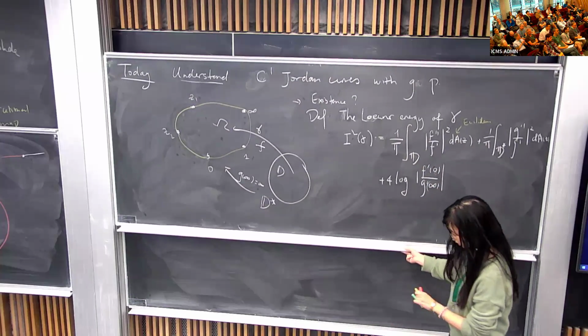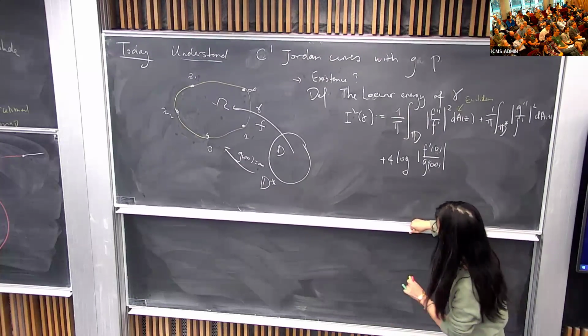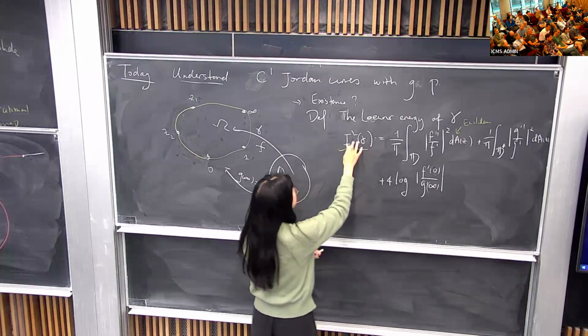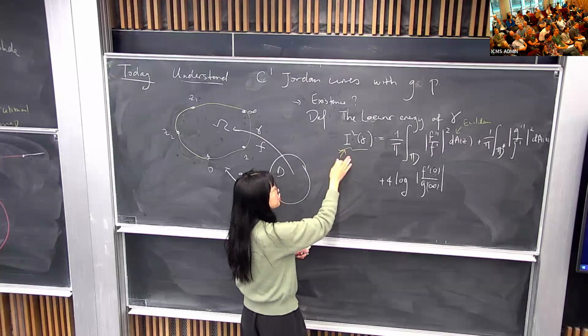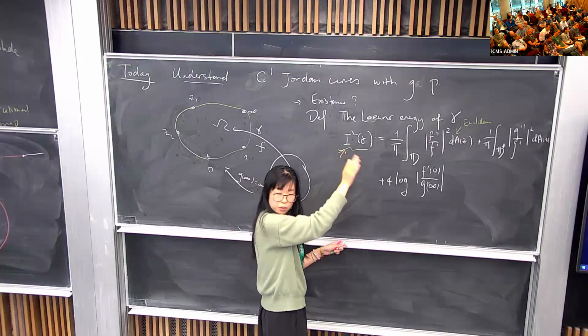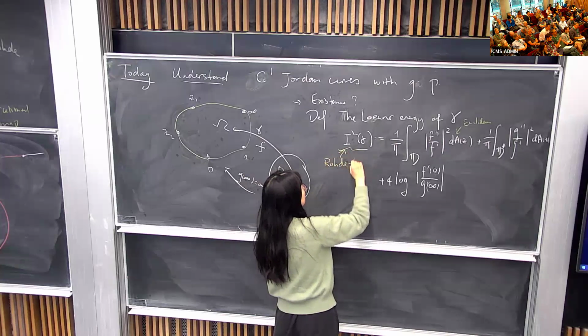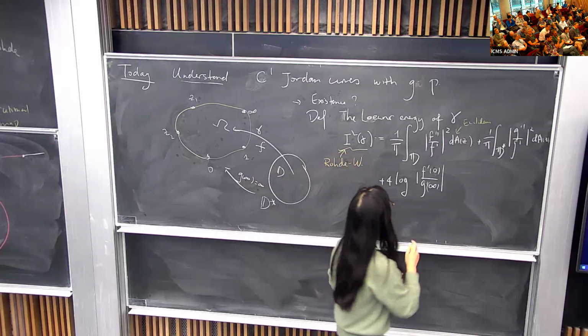Okay, this definition, some remarks. In fact, the Loewner energy originally has a different definition, which I'm not going to talk about, introduced in the Jordan curve case by Wang and myself.